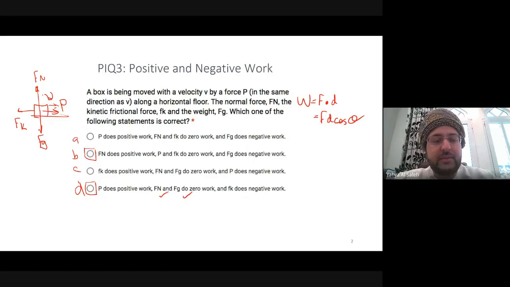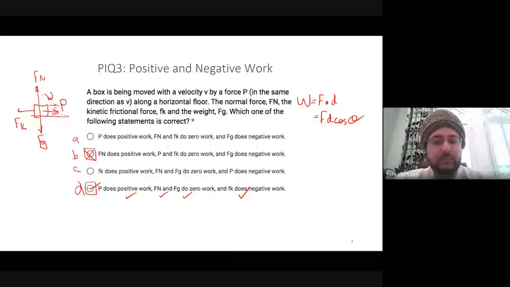P is in the direction of the movement, so it does positive work. Fk is in the opposite direction, so Fk does negative work, and the correct answer is D, not B.